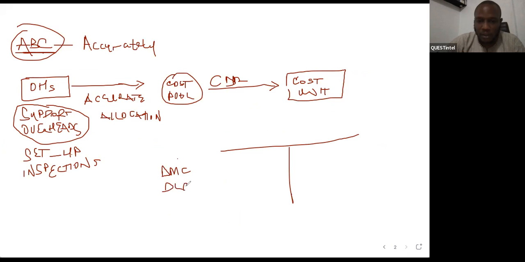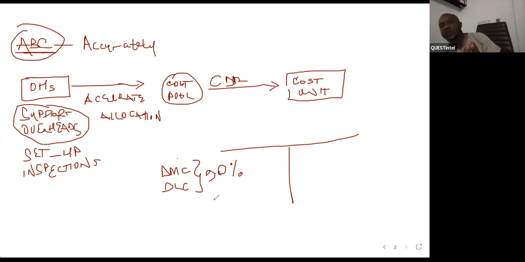So in the past, more than 90% of your cost would be on direct material and direct labor costs. So because the overheads were small in proportion to the total cost in a cost unit, the level of accuracy that was needed was not very significant.